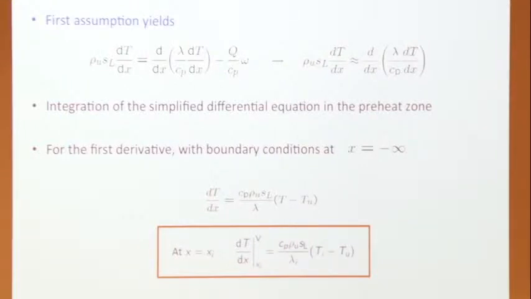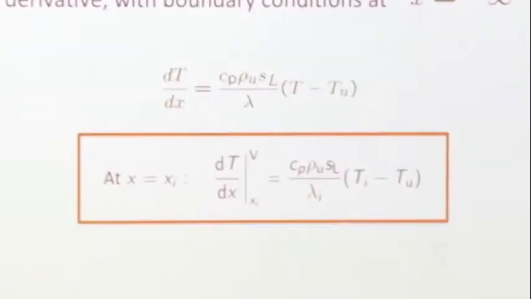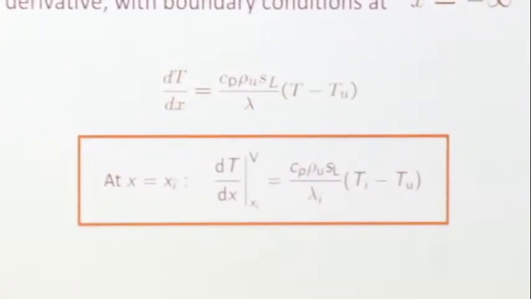You see immediately that this is an exponential increase, right? Because you can integrate this here. You can say dT divided by T is equal to dx, and integrate this, you get ln, put it on the other side, this is an exponential increase. So you get exponential temperature increase in the preheat region, okay?